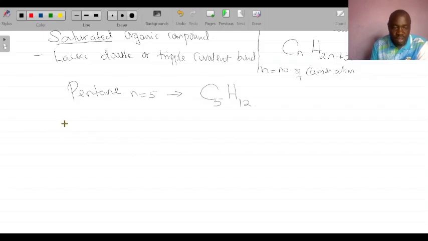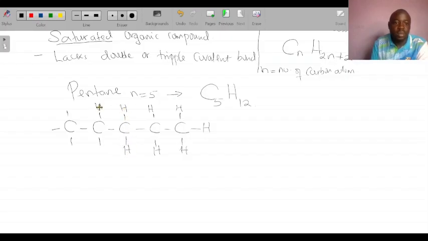We can start by showing the structure of pentane. It has 5 carbon atoms joined together in a continuous chain. Then we attach our hydrogens. So that is our first isomer.